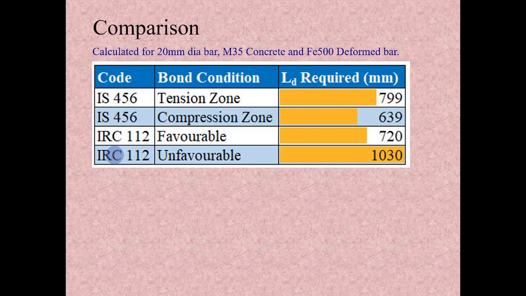Whereas in IRC 112 we don't have that differentiation of compression or tension, but we have the favorable and unfavorable bond conditions which are not discussed in IS 456. By seeing all these values, since this favorable and unfavorable bond consideration is taken into account in IRC 112, we have more development length as per IRC 112 compared to IS 456.